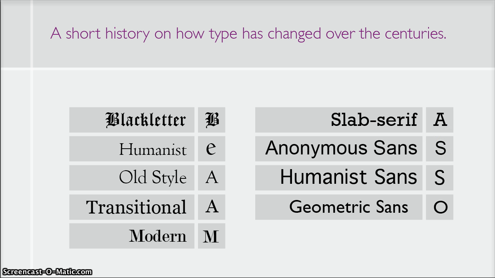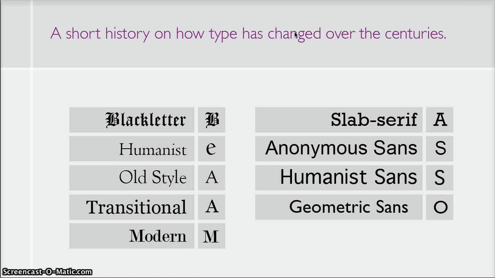Now the geometric sans, the last one, you can see that the C's and the E's are based off the O. And so if you see the O, the E's kind of based off it, and the C. And all these letters have a circle type of design to it.